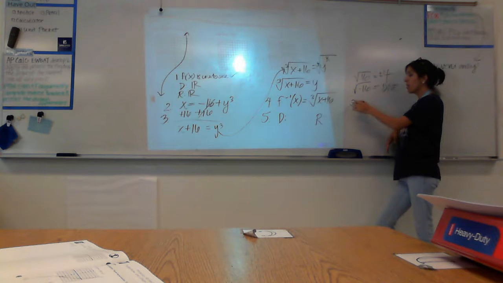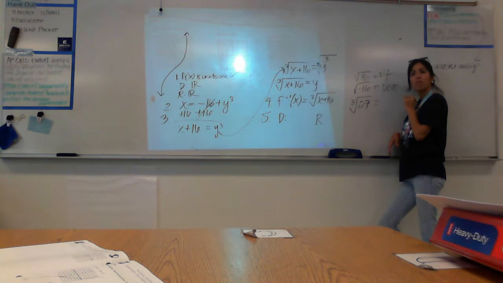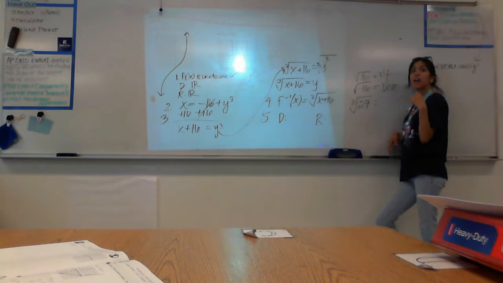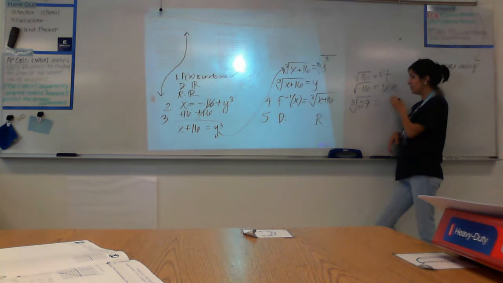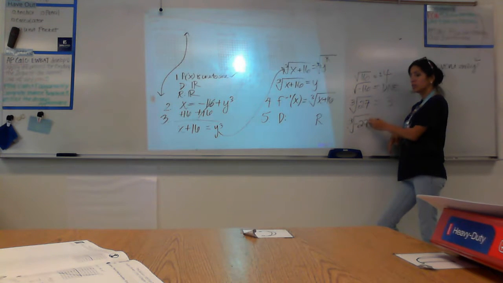However, let's talk about this. What's the cube root of 27? Not 9. 3. Because 3 times 3 times 3, 3 3s, multiplied together get me 27. And what's the cube root of negative 27?